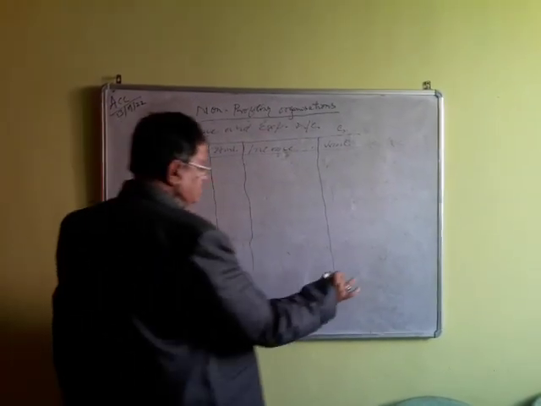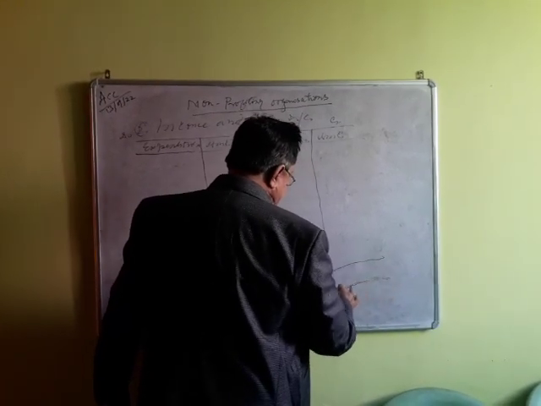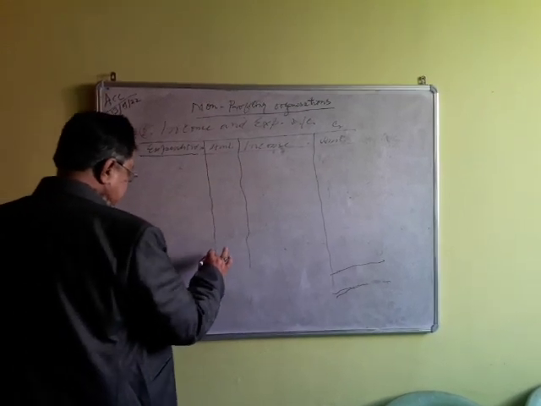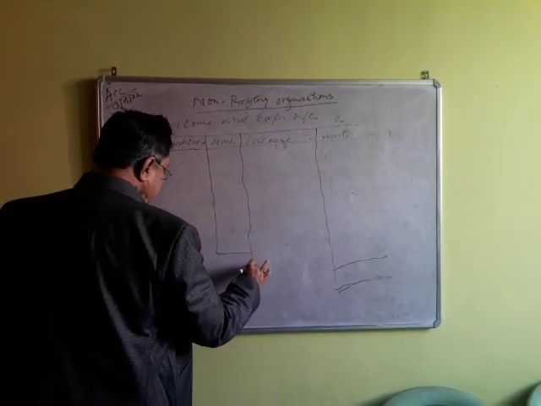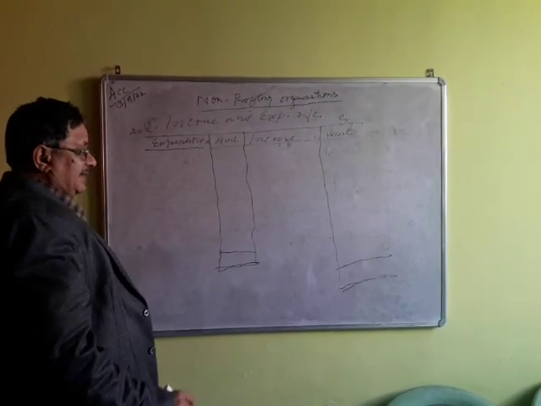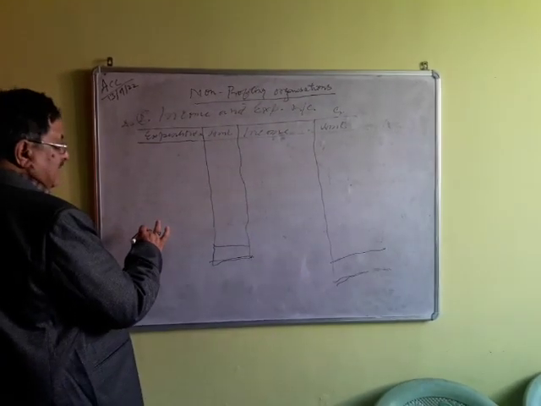Same thing we will do. We will record all the income. We will get it from the receipt side of the receipt and payment account, and then we will calculate the total of the expenditure side. If income is more, it will be balanced here.